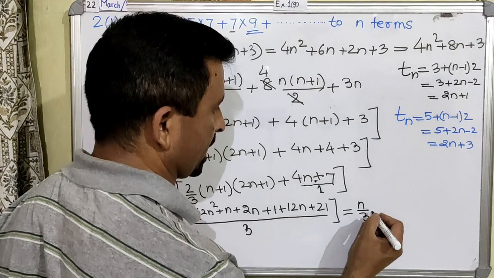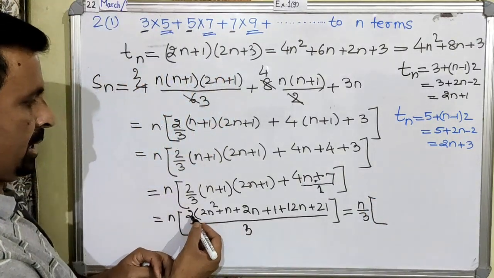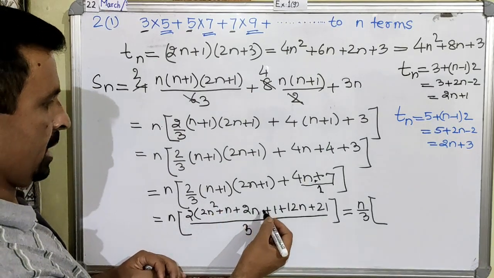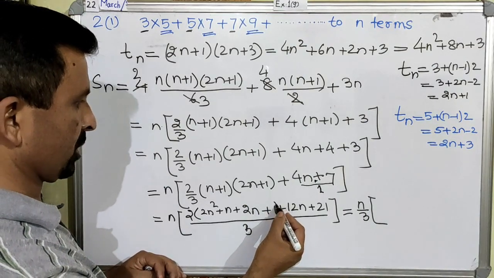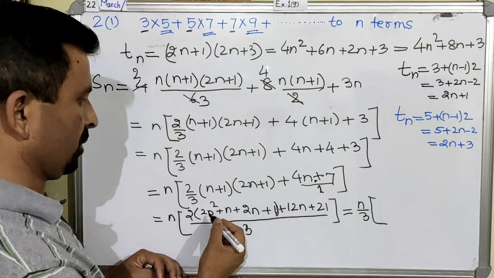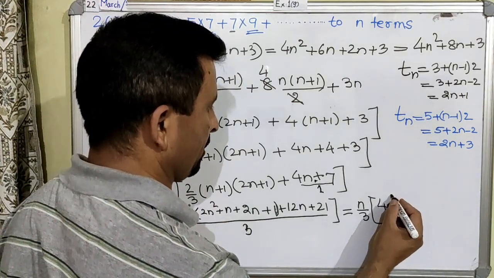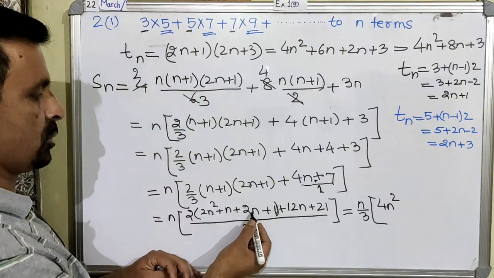Next step. This is n over 3. This 3 I will write outside now, and inside now what will happen? This is 2 into 2n square. Sorry, we didn't use the bracket by mistake. And now 2 into 2n square is 4n square. Clear? Now this 2 and then n plus 2n, 3n.